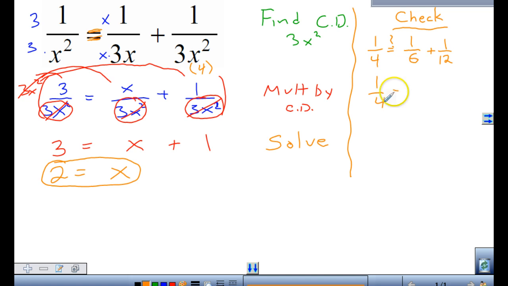And if it does, let's see here, this will equal 2 over 2, so it would be 3/12, which equals 1/4. If you do get the same thing on both sides, you know your answer is 100% correct. If you didn't get the same answer, you know that something's up.